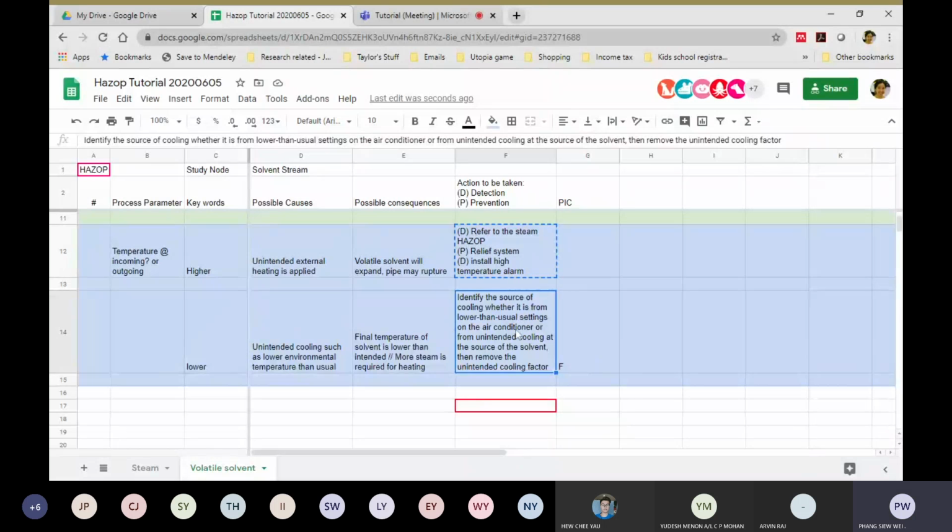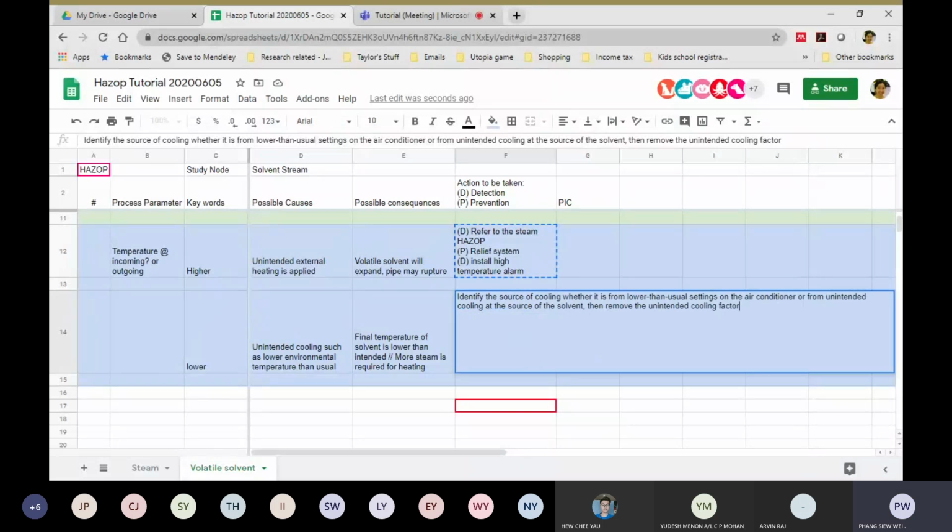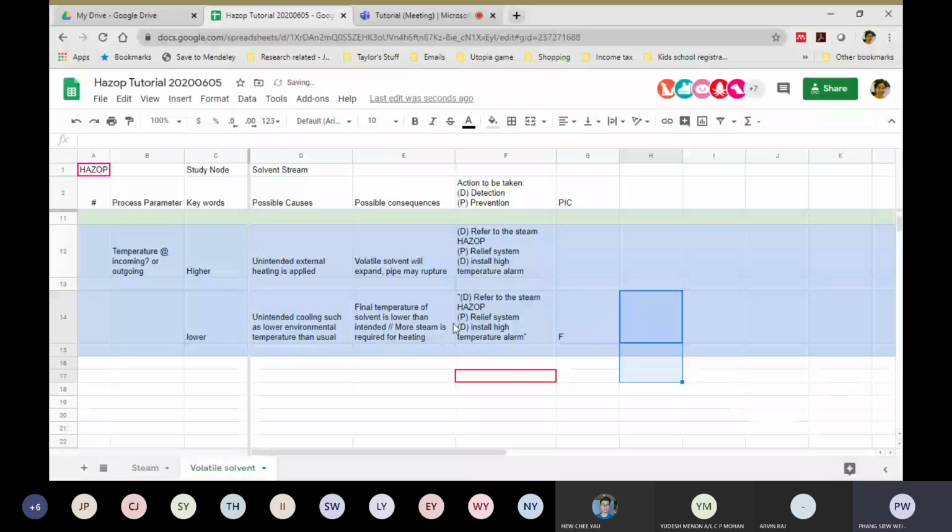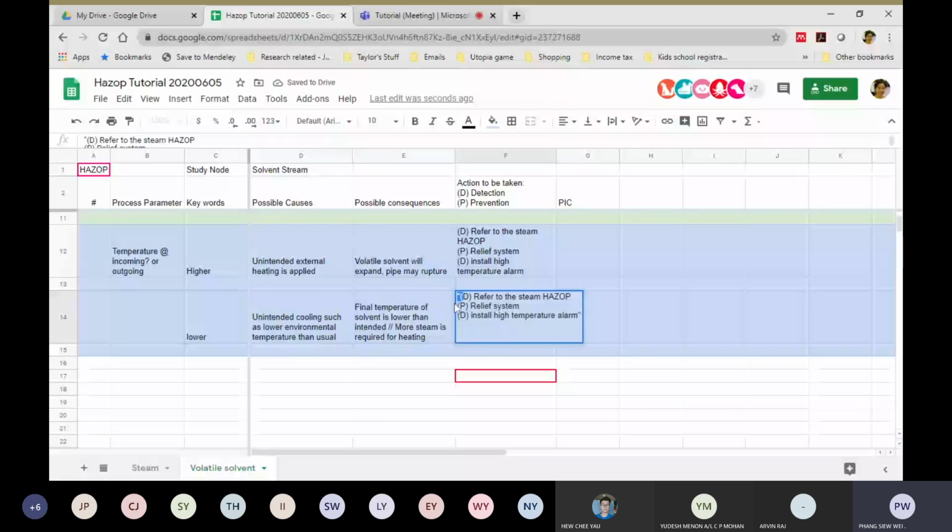Let's see, source of cooling. Normally what I would do is straight away this one. A relief system may not be needed in this case because it's lower temperature. And I will say you don't need this as well.